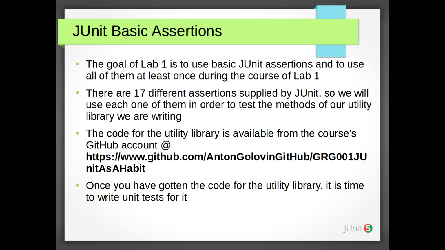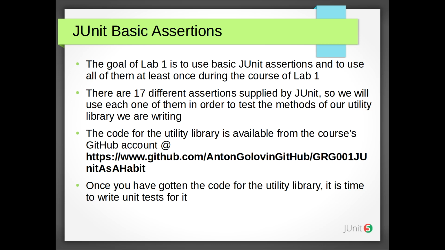The code for the utility library is available from the course's GitHub account at https://www.github.com/entangolov/GRG001 JUnit as a habit, and alternatively it is available on the course's website as a zipped file.